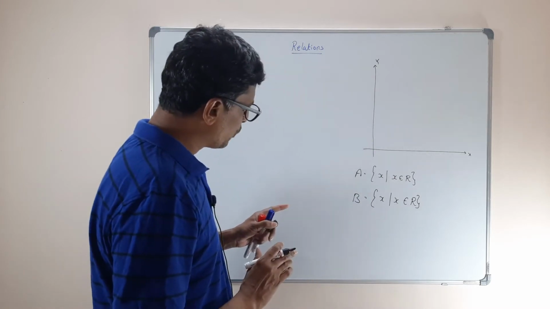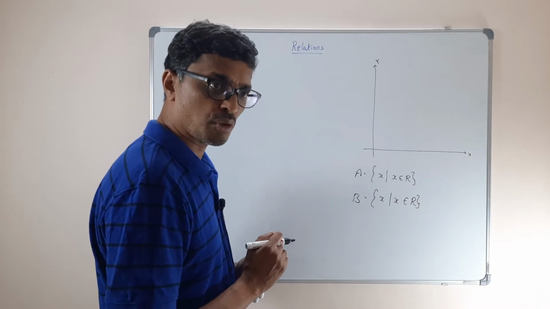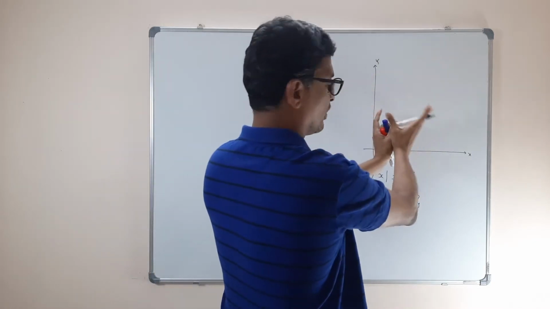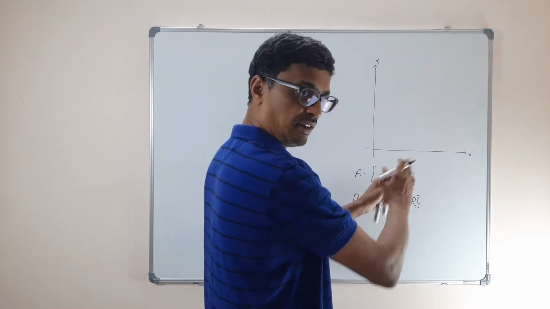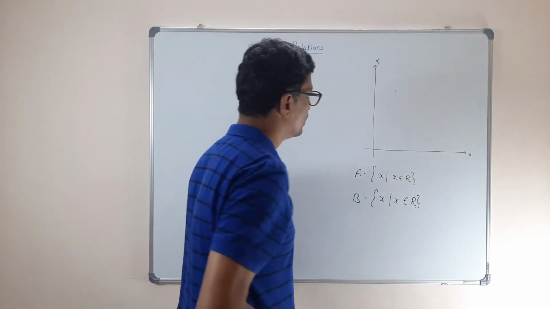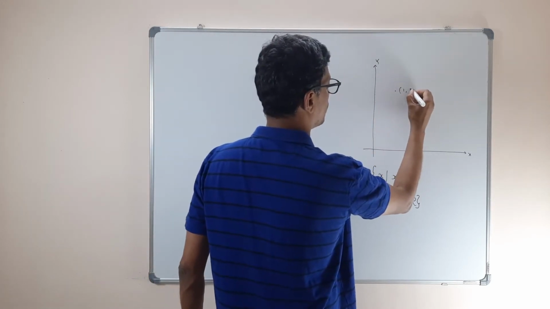So now, what do we mean by a relation between these two sets? You can see all points in this space can form the sets, right? So I give you a point. Let this point be (1, 2).